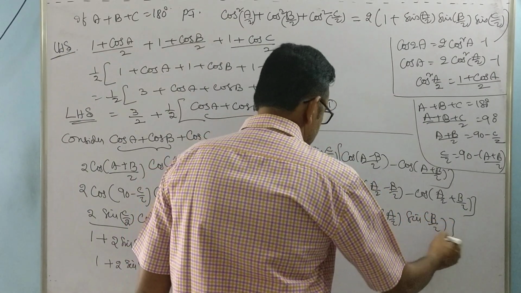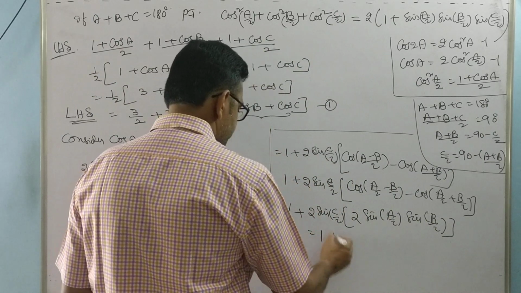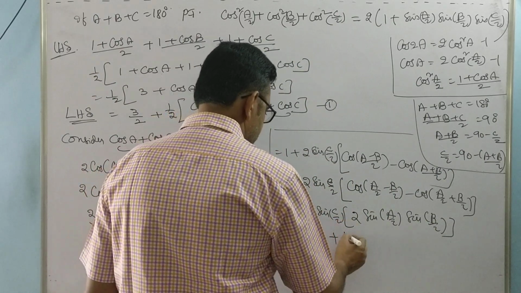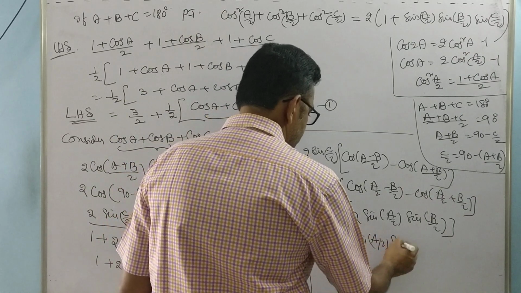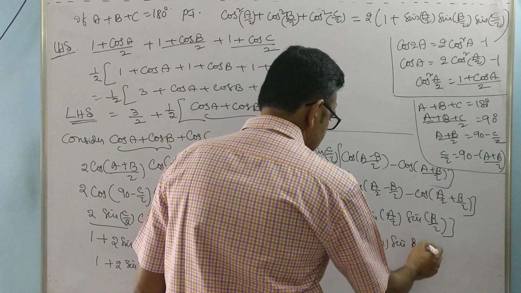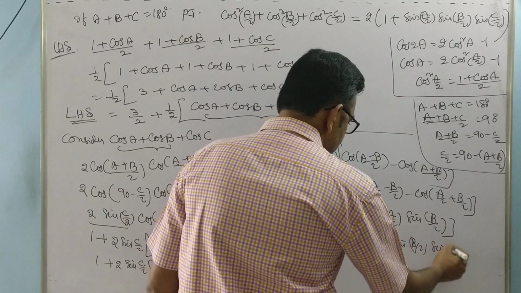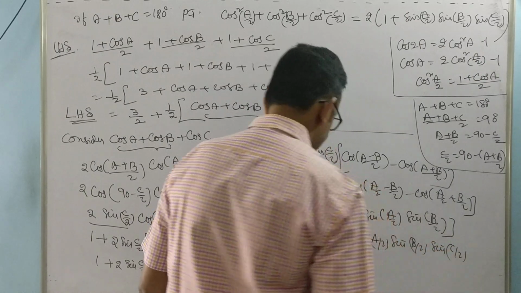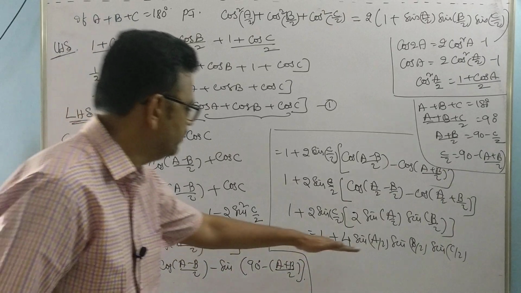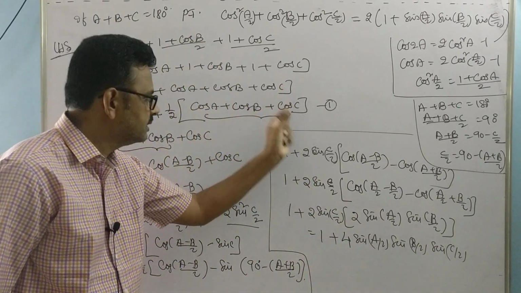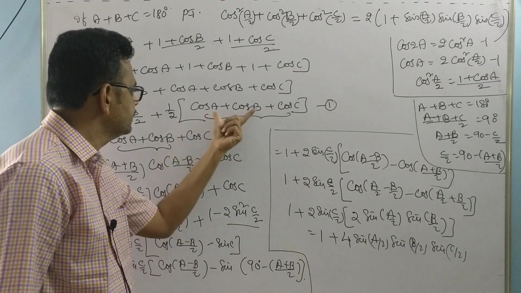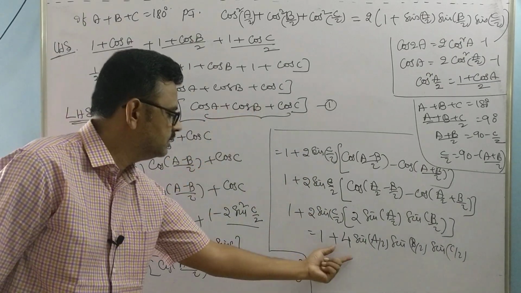So the whole thing is 1 plus 4 sin A by 2 into sin B by 2 into sin C by 2. This is the value for cos A plus cos B plus cos C. After this, from 1 we substitute in place of this value.